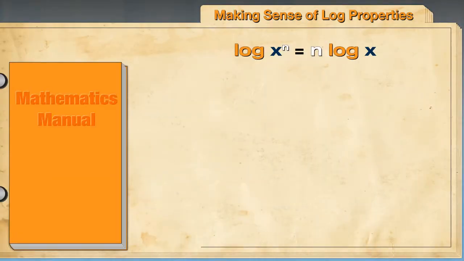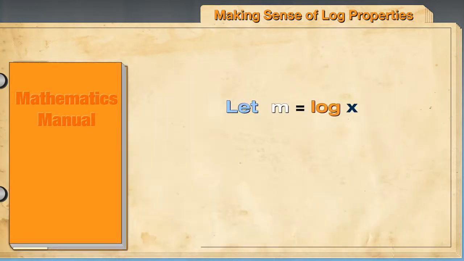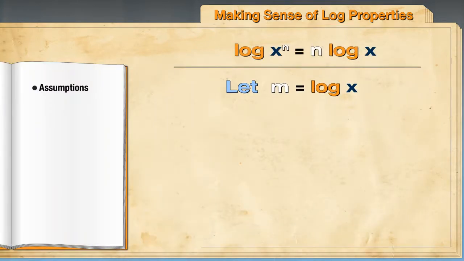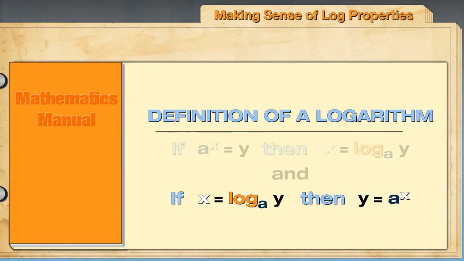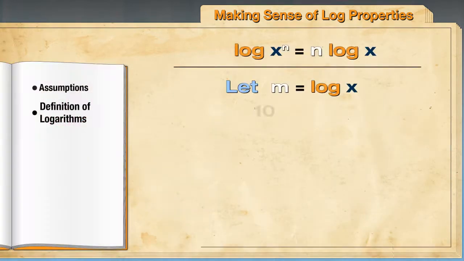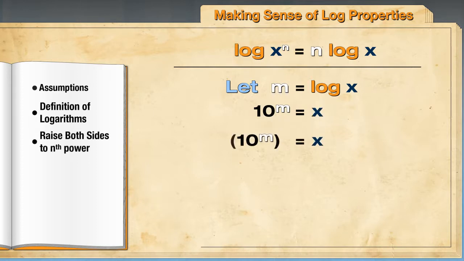So, let's start the proof in a similar way to the first proof. Let m equal log of x. Using the definition of logarithm, 10 to the m equals x. Since we are trying to prove something about a power, let's raise both sides to the nth power.